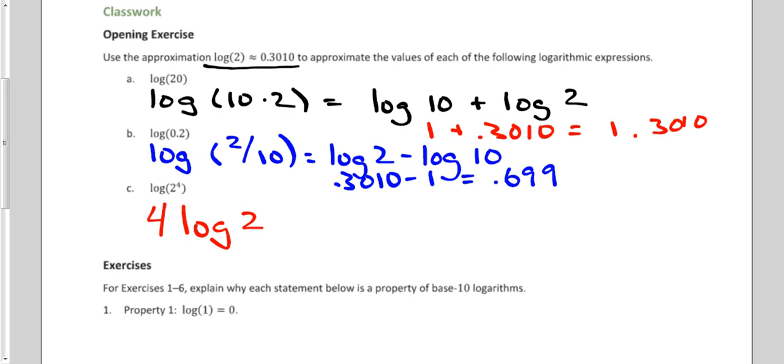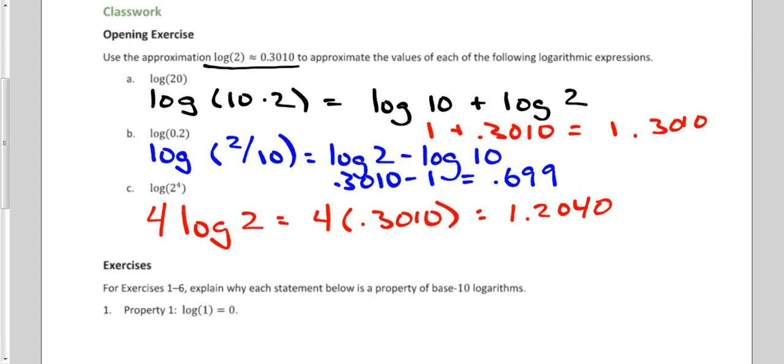I agree 100%. Okay. And then what's log base 10 of 2? 0.3010. Yeah, it's given, right? So this is equal to 4 times 0.3010. And then we use our calculator, 1.2040.